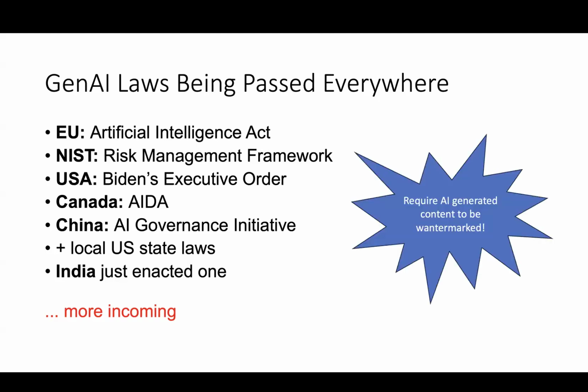All these laws are worried about these kinds of problems, and a key requirement they've come up with is that any AI generated content be watermarked. In some form or other, not necessarily in the same words, they tend to require something like this.